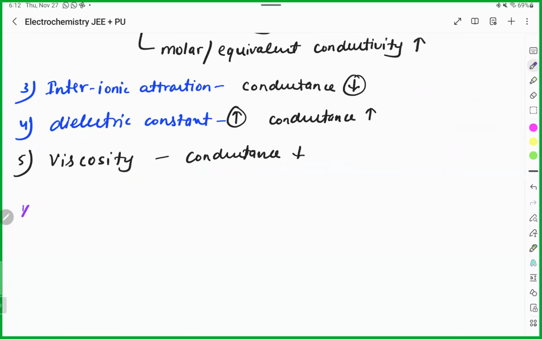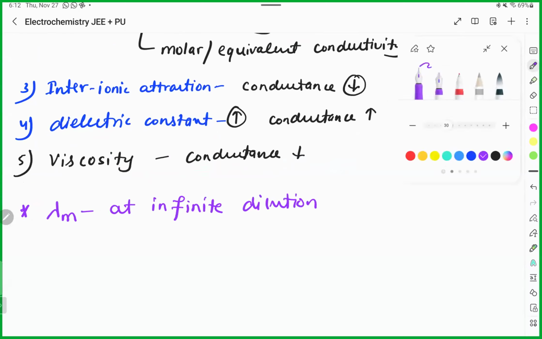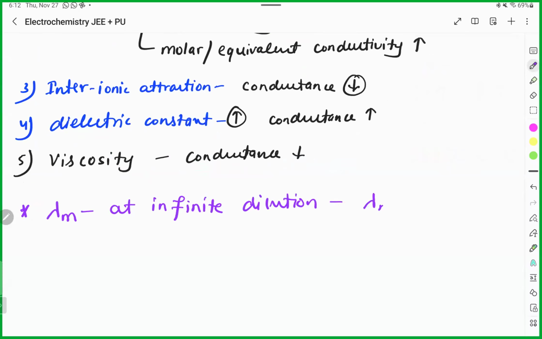What is the molar conductance at infinite dilution? What is the meaning of that? When you have maximum dilution, then conductivity will be maximum. Correct?